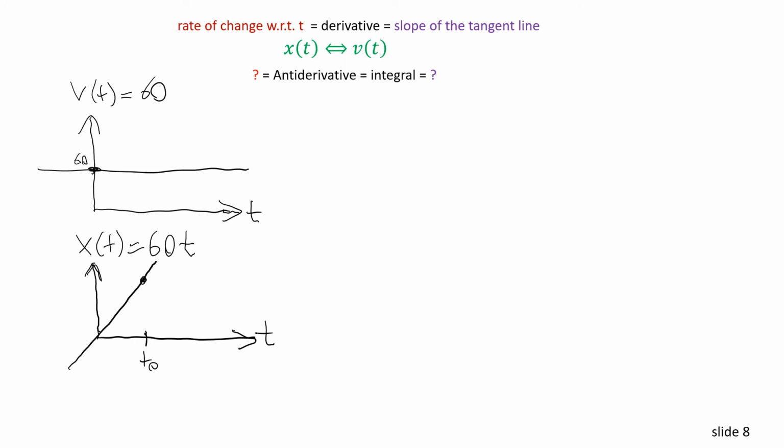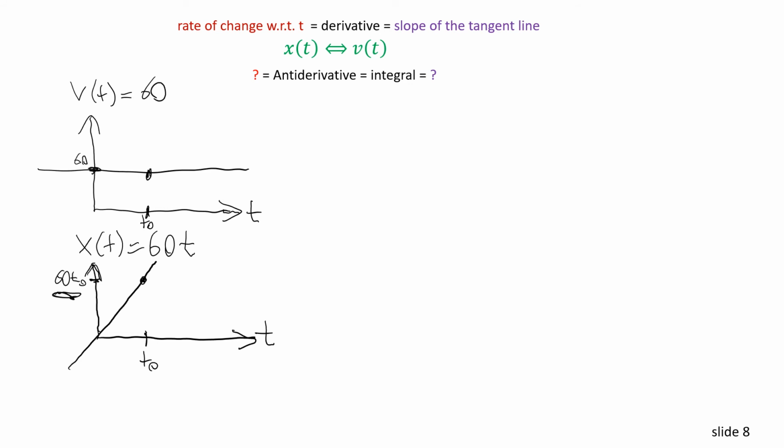So on the x-t graph, when t is t0, x(t) equals 60 times t0. And as you can see on the v-t graph, there is the t0 again at this point. And wait a second.